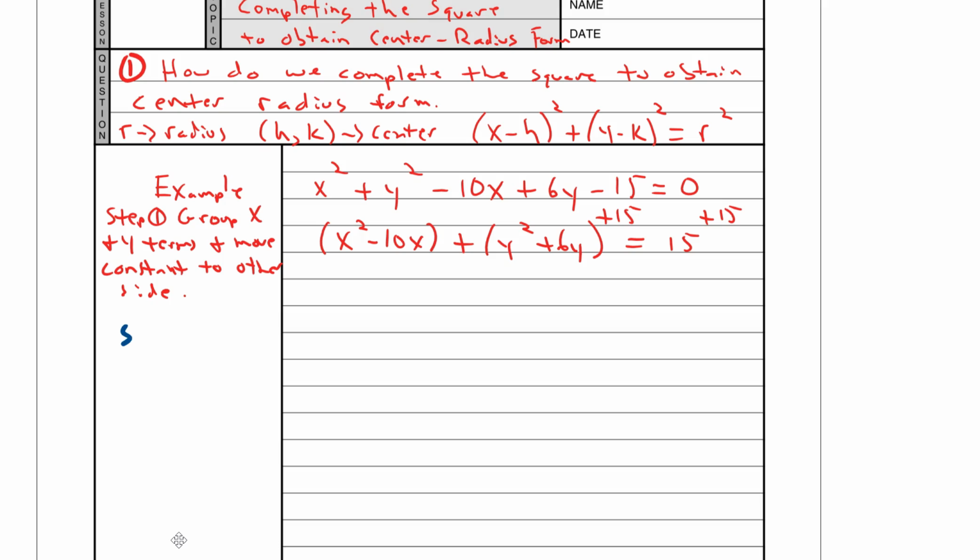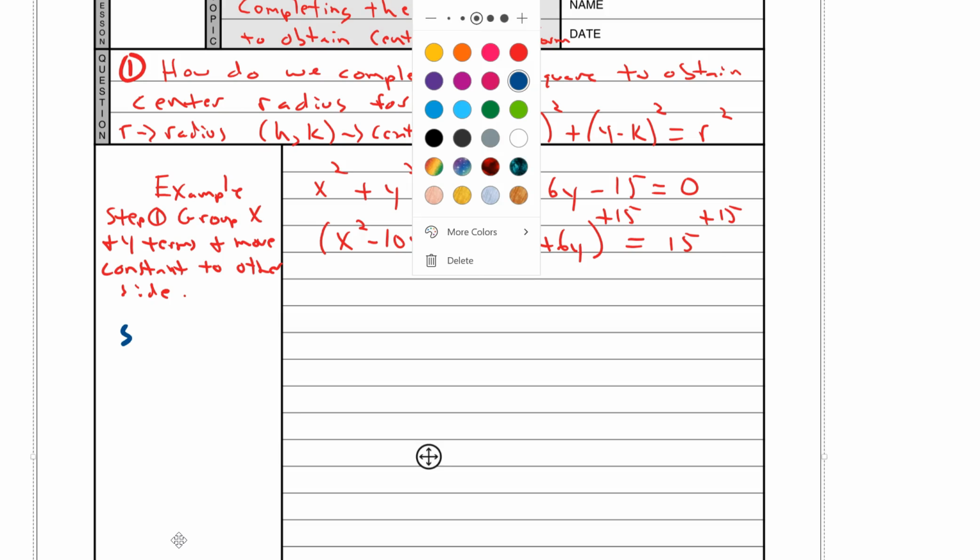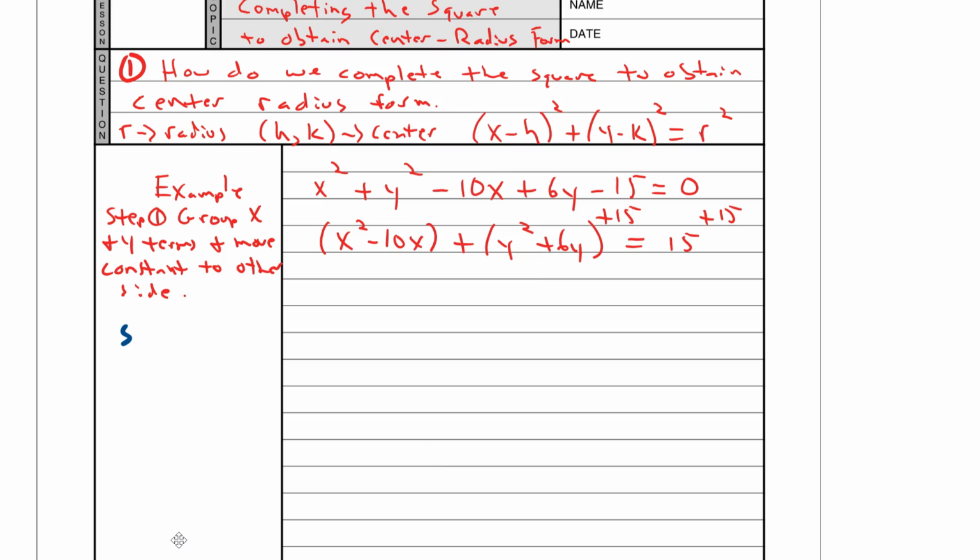Step 2. Add the box number, and this box number is going to be 1/2 of b quantity squared, with b being the coefficient of our linear term.